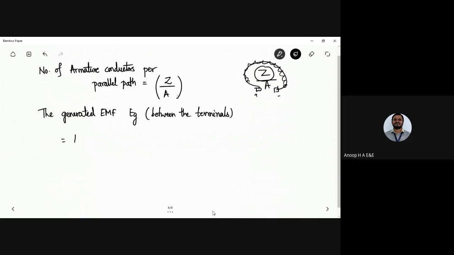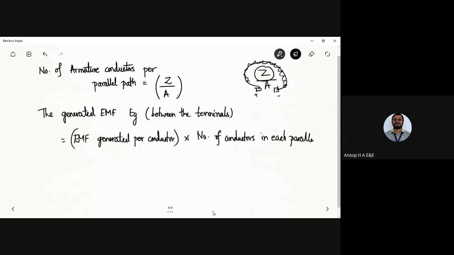So that is the EMF generated per conductor, into the number of conductors in each parallel path.